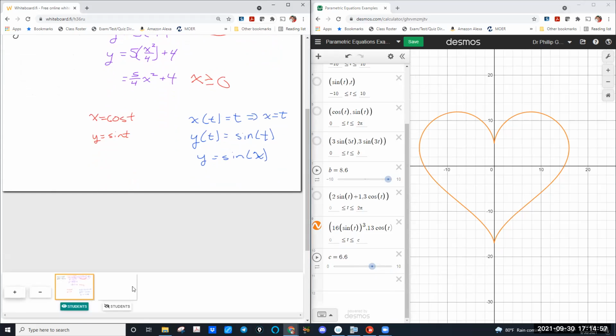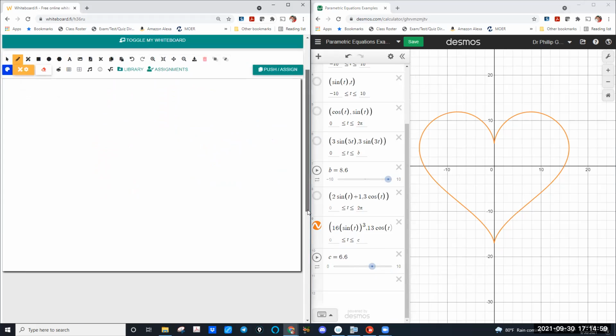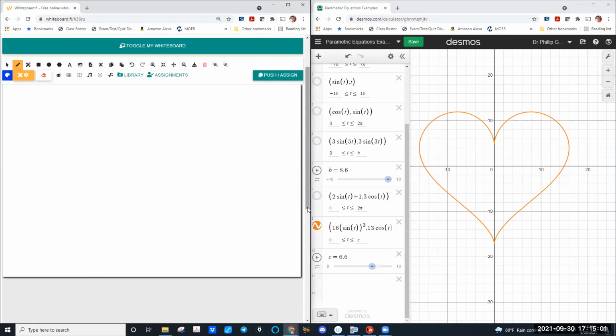If you have time, parametric equations are cool because you can create all sorts of stuff. If you go look online, there's all sorts of stuff that's been created with piecewise sets of parametric equations, and you can find really interesting shapes, not just a heart. I think there are people who've done the bat symbol and things like that.